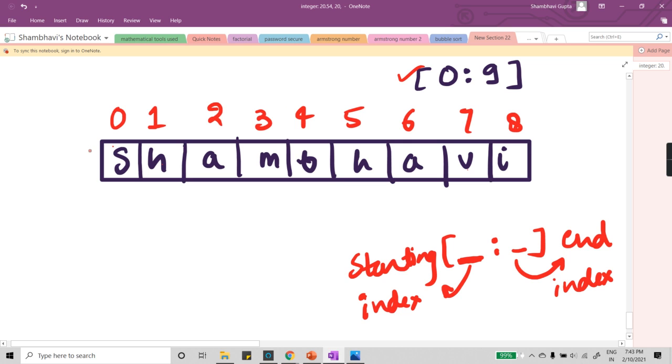So my name has total 9 characters, starting from 0 and ending at 8. These values are known as index, fine? So these values 0, 1, 2, 3, 4 up to 8, these are known as index.